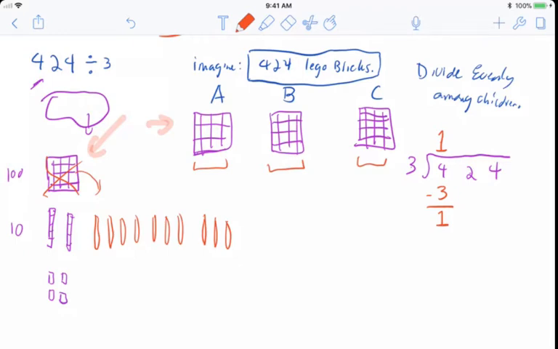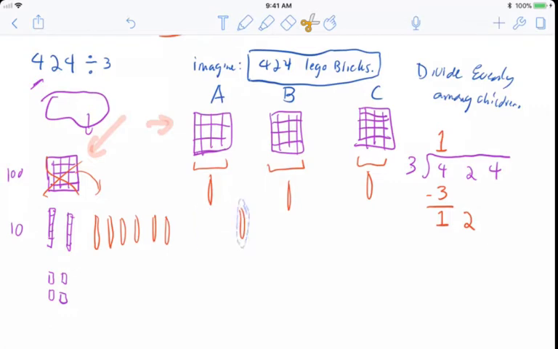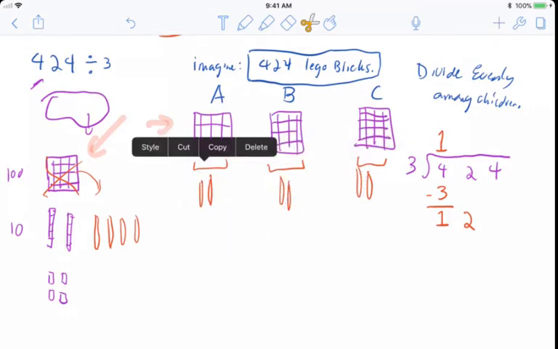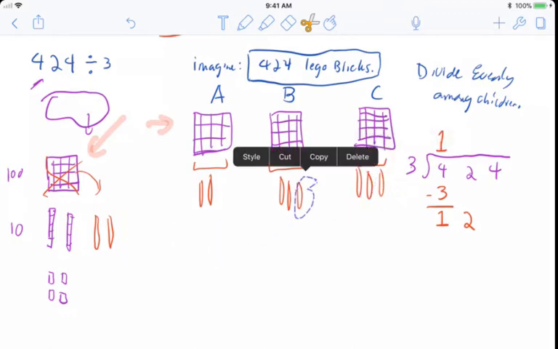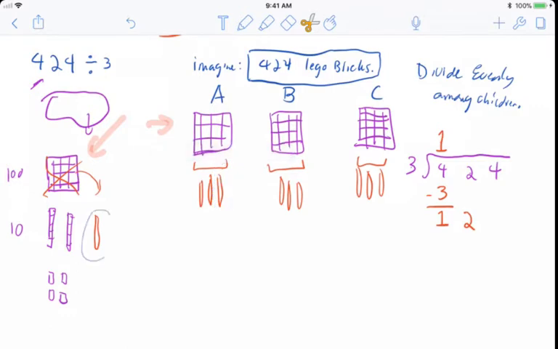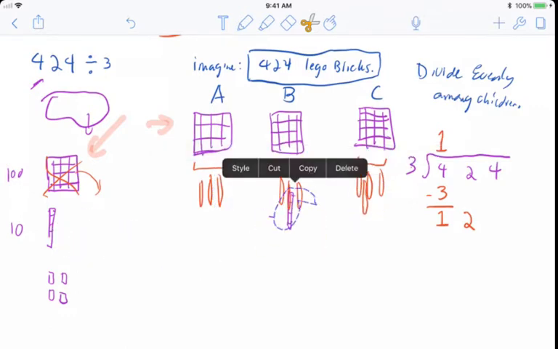There are 12 sheets of 10, and I can divide these strips of 10 up among my 3 children. So there's 1 for you, and 1 for you, and 1 for you, and on around until each child has gotten several.